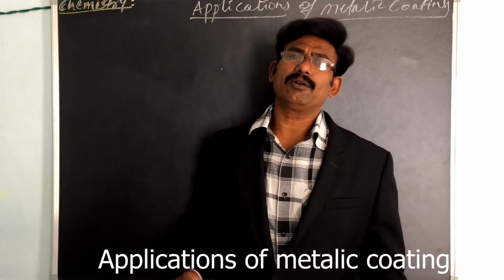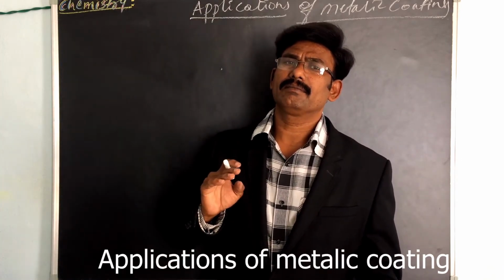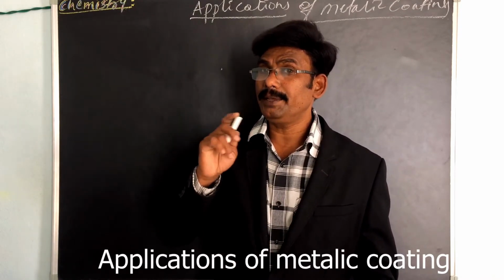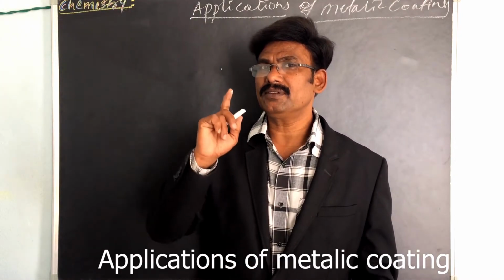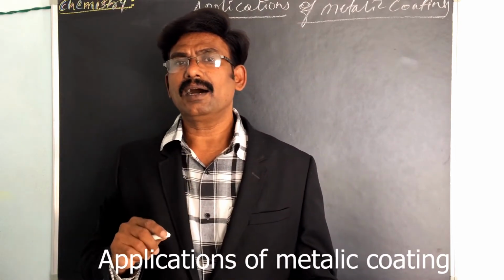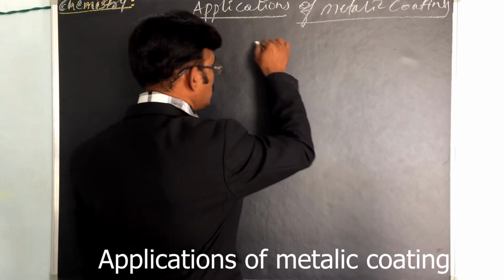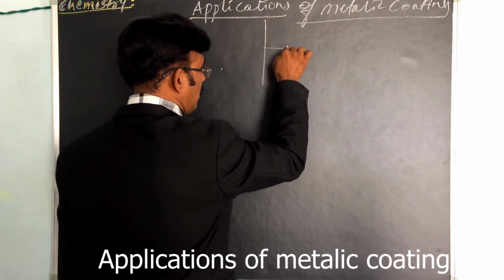Mainly, it is divided into three types. One is hot dipping, the second is metallic cladding, and the third is electroless plating. What is the first one? Hot dipping.